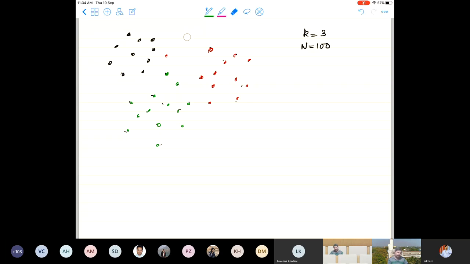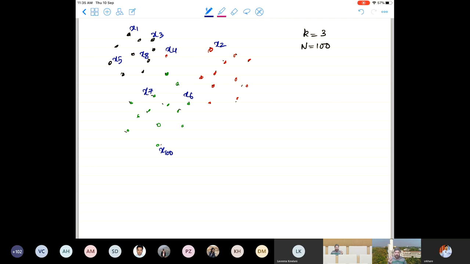And I, for some reason, know that there are 3 clusters available. So this vector, for example, is x1. This vector is x2, this is x3, this is x4, this is x5, this is x6, this is x7, and so on and so forth. That is what we have as vectors. Suppose this vector is x100.